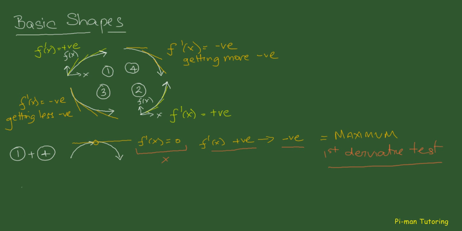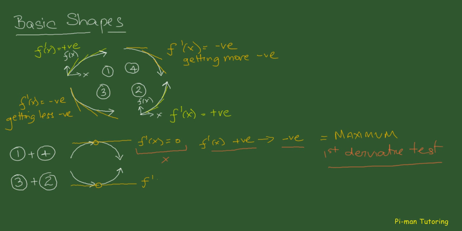Now similarly, if we combine an area of the graph with shape 3, and it is adjacent to an area of the graph with shape 2, we're going to get something that looks like this, followed by something that looks like this. And once again, at the point where the slope changes from negative to positive, we're going to pass through a point where the slope is actually instantaneously 0.